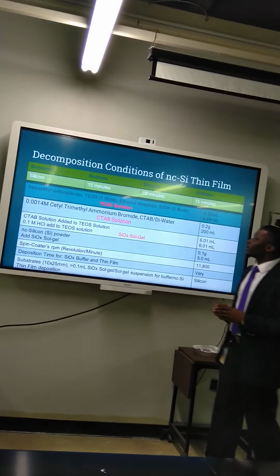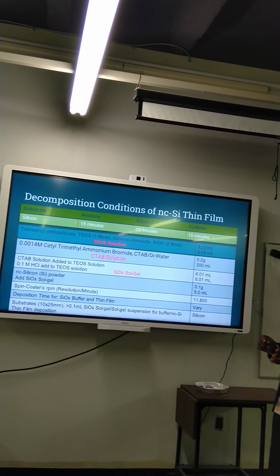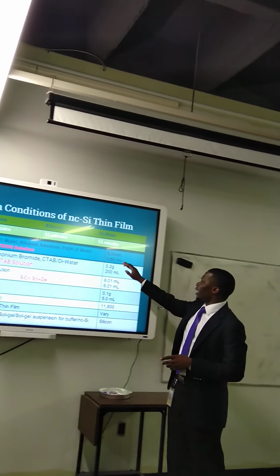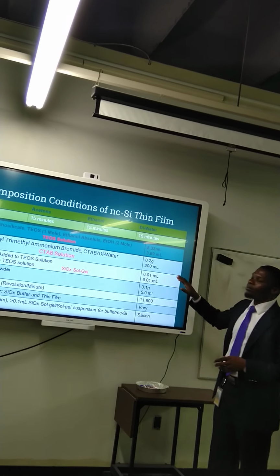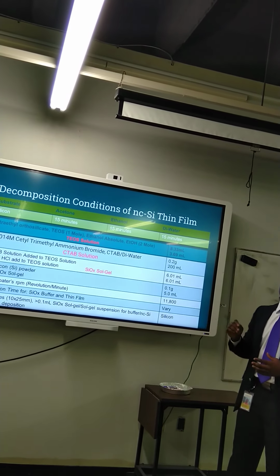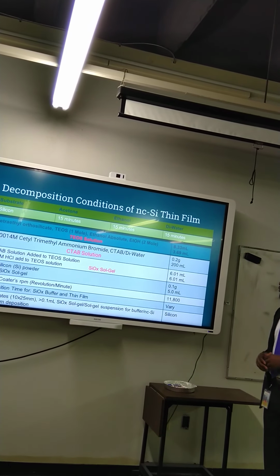So when making the TEOS, I had 1 mole of TEOS and 1 mole of ethanol absolute, which means I had 8.33 milliliters of TEOS and 3.69 milliliters of ethanol absolute.